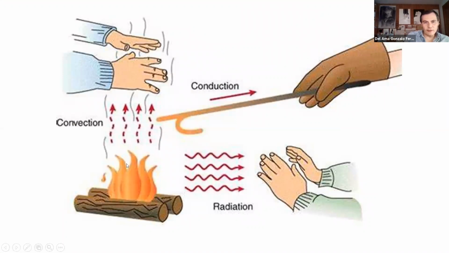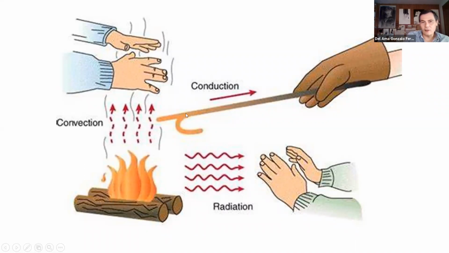When we have a source of heat here, there will always be three mechanisms to transfer heat. We have conduction, so we need a solid material. If we place this element, especially if it's metallic, close to the fire, it will heat up. And if we don't wear gloves, we will burn.